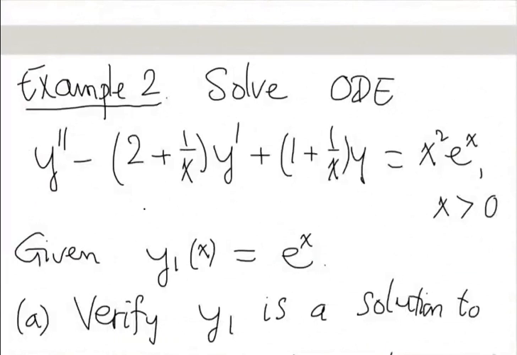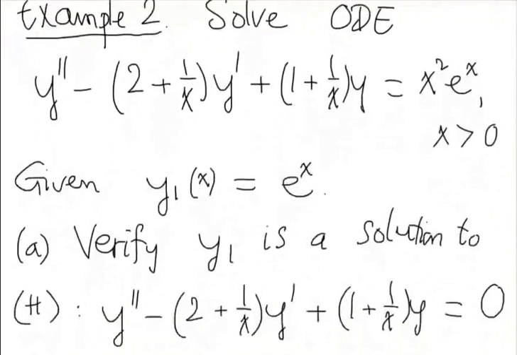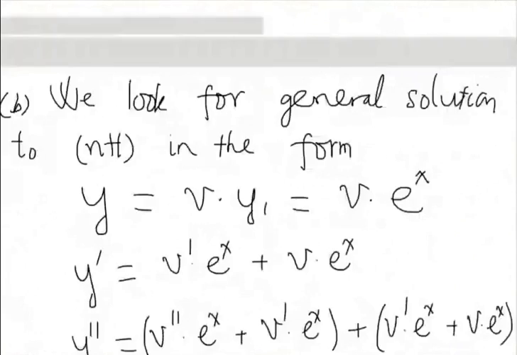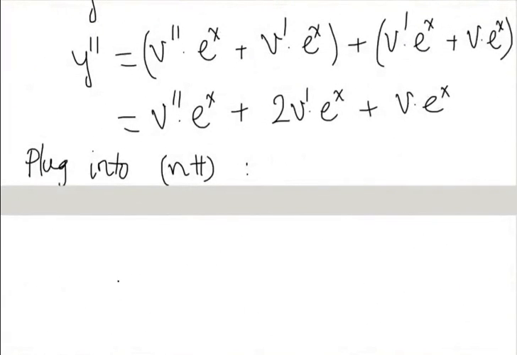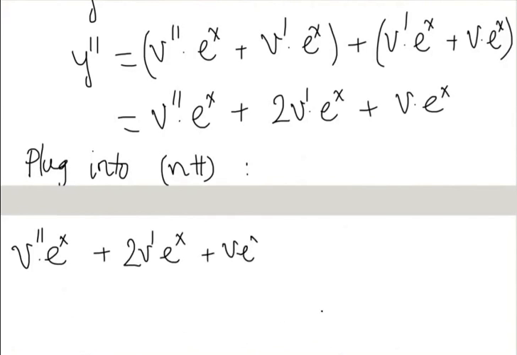So second derivative, minus this times first derivative, and then plus this times the function, equal to x squared e to the x. So it's that one. Second derivative is the whole thing here: v double prime e to the x plus 2v prime e to the x plus v e to the x.